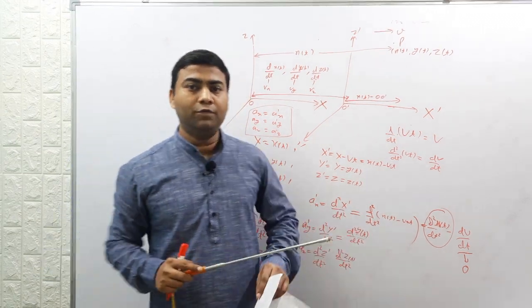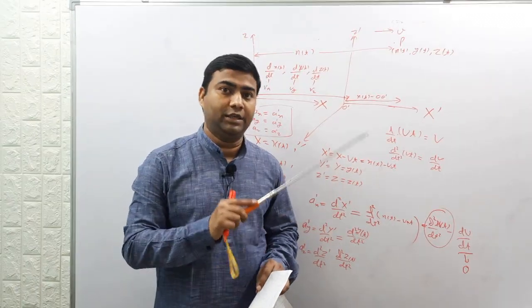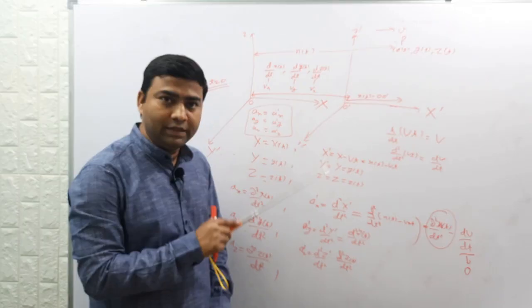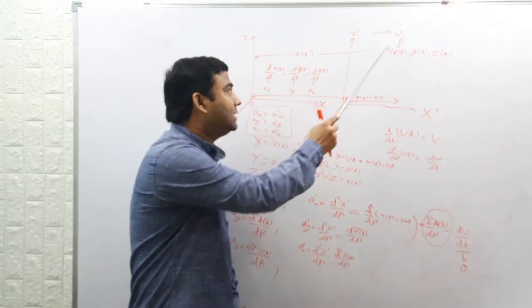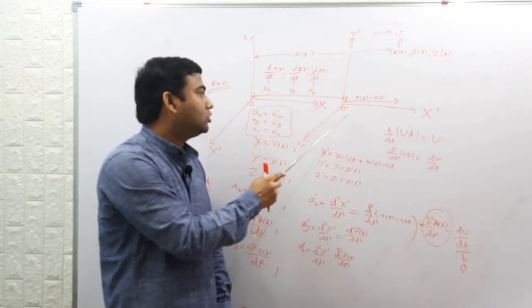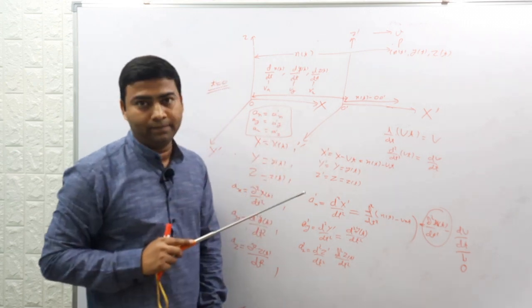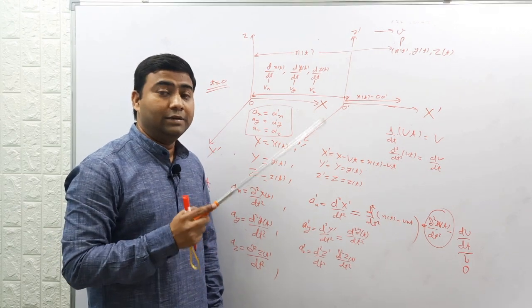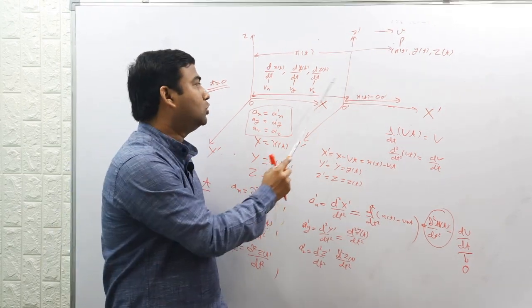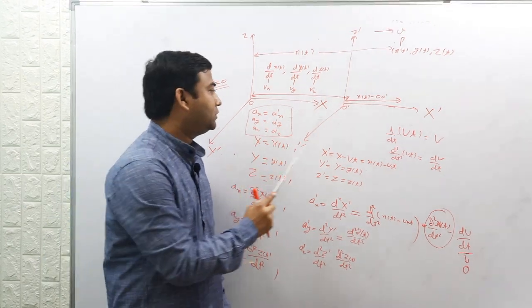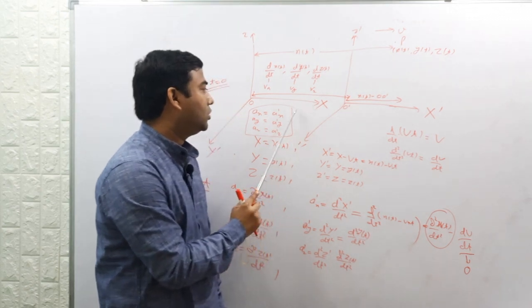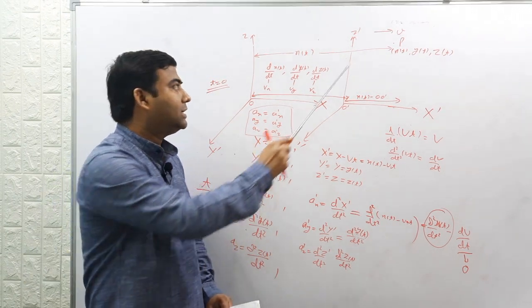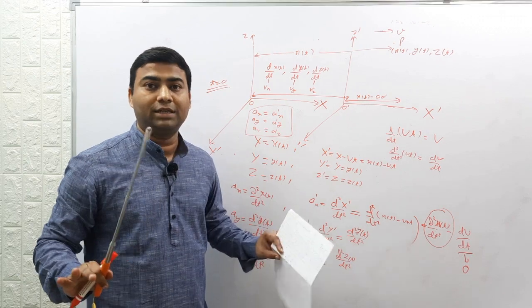The acceleration of the particle remains unchanged, whereas the velocity we have seen is reduced by velocity v of the moving frame, but acceleration remains unchanged in both frames. From both frames, moving or non-moving, acceleration of the particle is constant.